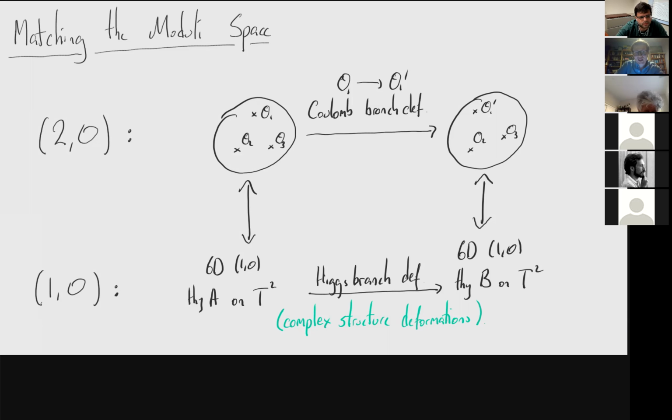So the key point I want to make is that if we restrict to assuming one of the punctures is a simple puncture, then we don't just see that you get a set of things with these central charges and a set of things with these central charges. But if you have 2 class S theories which are related by what you might call a Coulomb branch deformation, then their 6D (1,0) origins are also related by a complex structure deformation in their geometry, or a Higgs branch flow in 6D language.